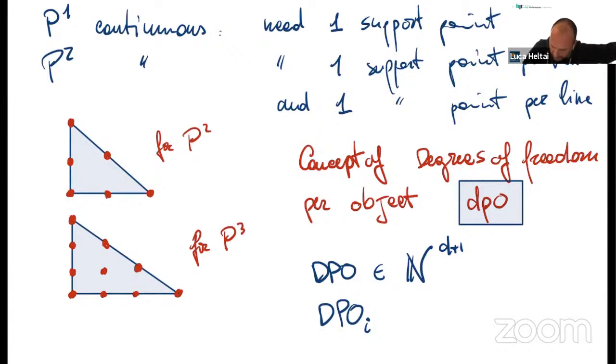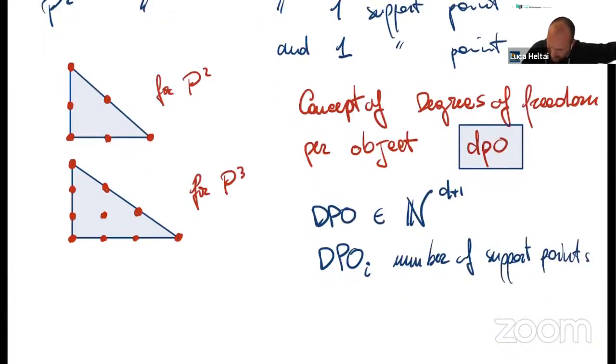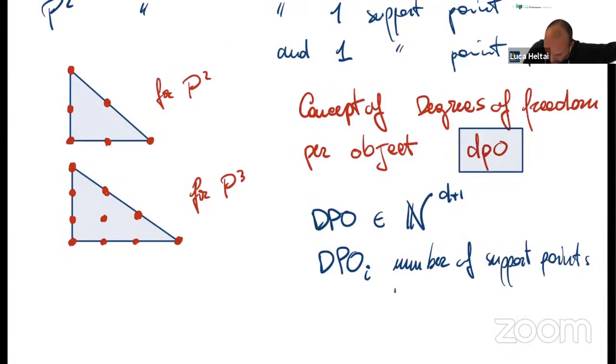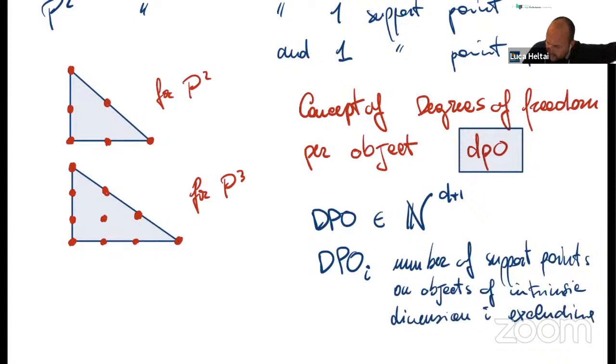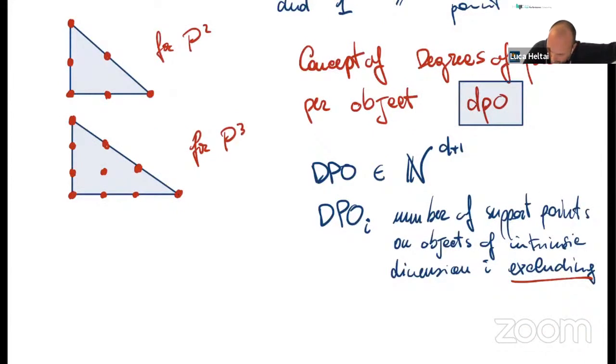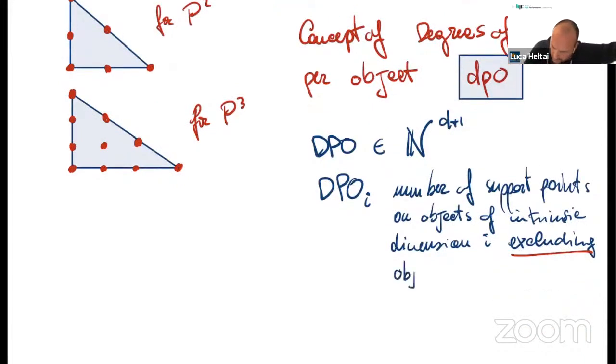It's the number of superpoints on objects of intrinsic dimension i, and this is the important part, excluding sub-objects.